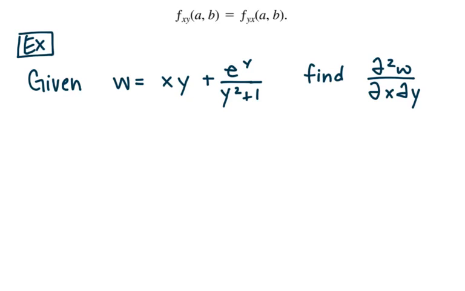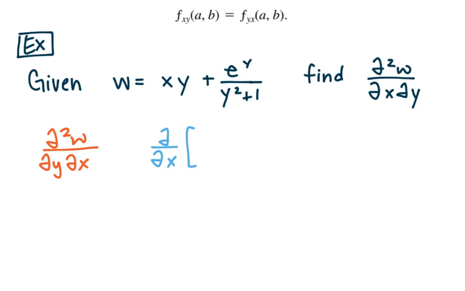So by Clairaut's theorem, we know that the second partial of w, partial y, partial x, reversing that order, these guys are still the same. So that's what I'm going to do first. I'm first going to differentiate with respect to x and then with respect to y.